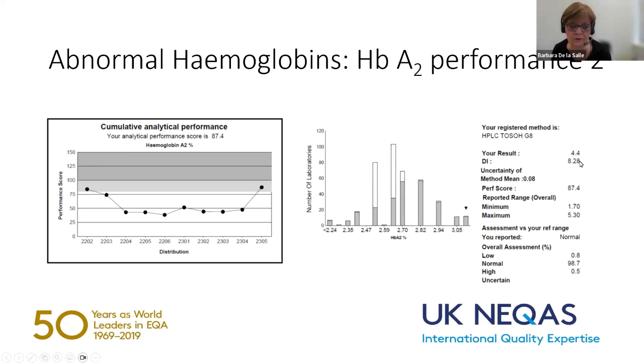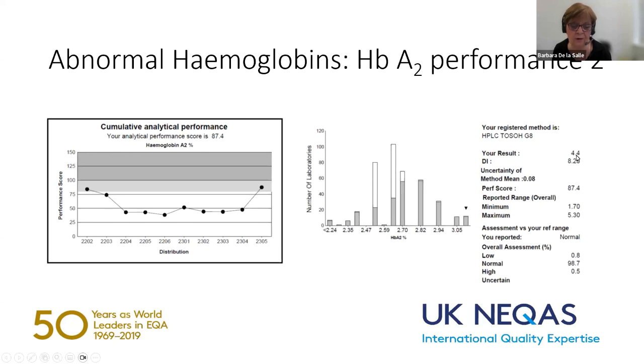This was actually a simple data entry error. What the participant had done in this case is that at data entry, they had transposed the hemoglobin A2 result and the hemoglobin F result, and we sorted that with them. However, as healthcare scientists, we should be checking our data and making sure we are putting it in the right way around.